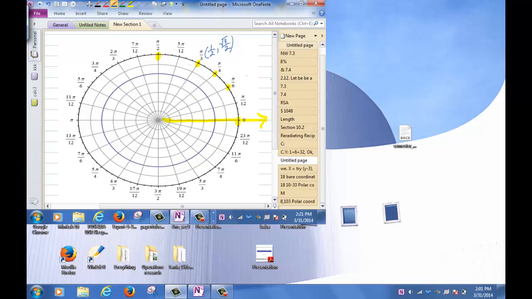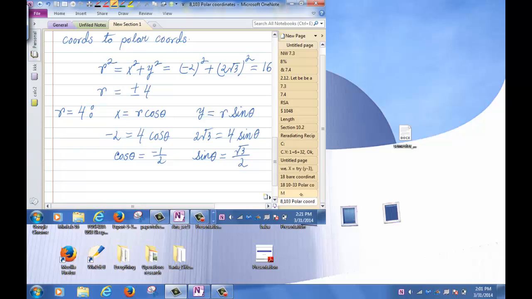Yeah, if I go directly across, I'd be getting here. Is that making sense? So the angle would be 2 pi over 3. So I know that theta would be 2 pi over 3.